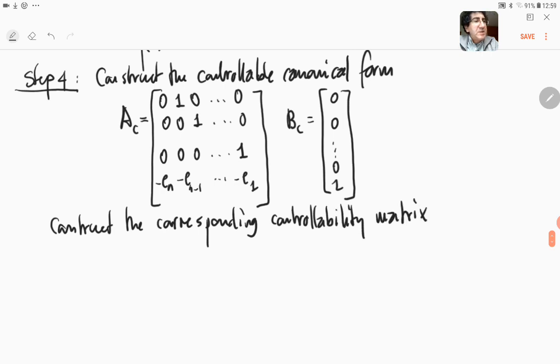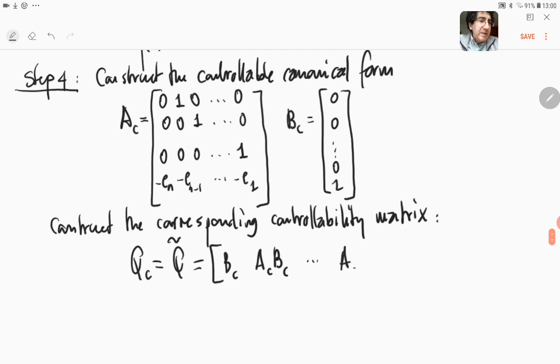It only needs A and B matrices for this particular form. So we can call this QC, but in our discussion, this is Q tilde, equal to BC, AC BC, and up to AC to the power n minus 1 BC.